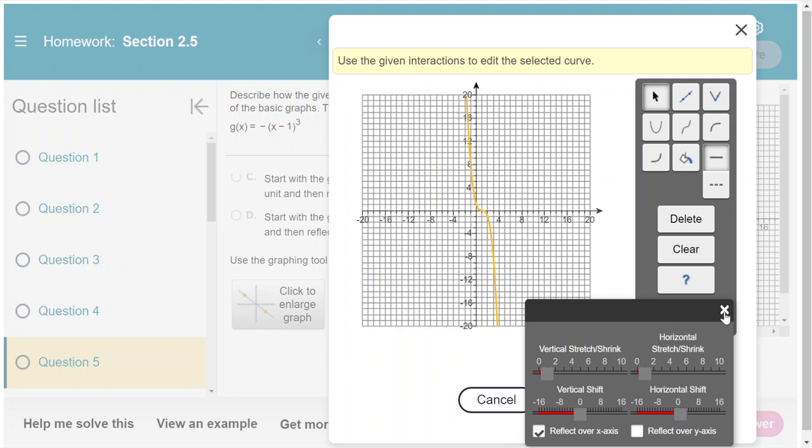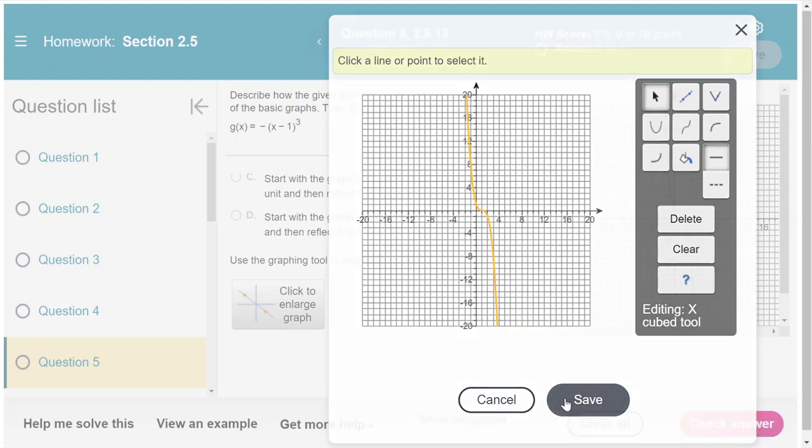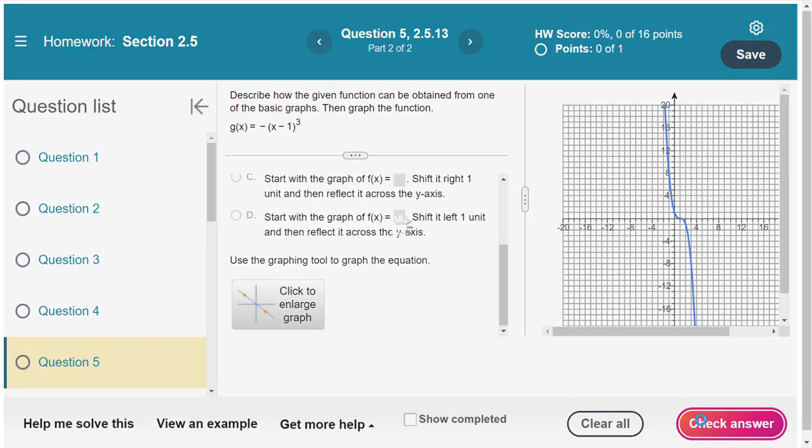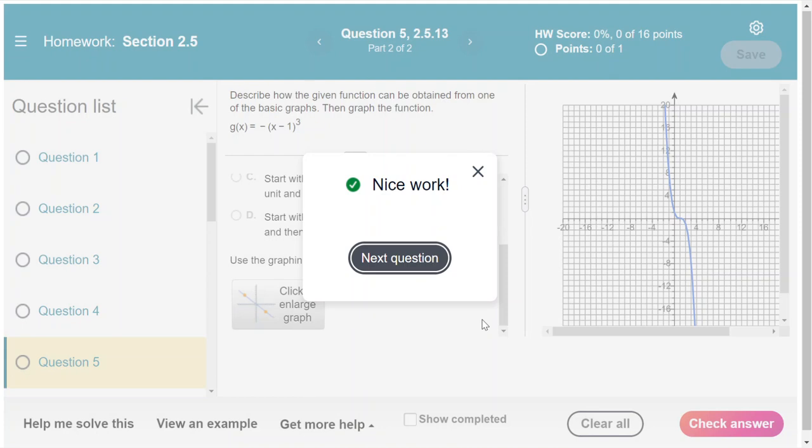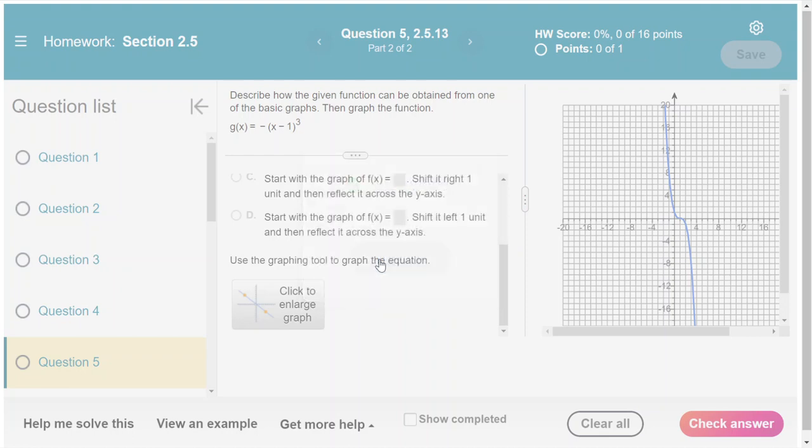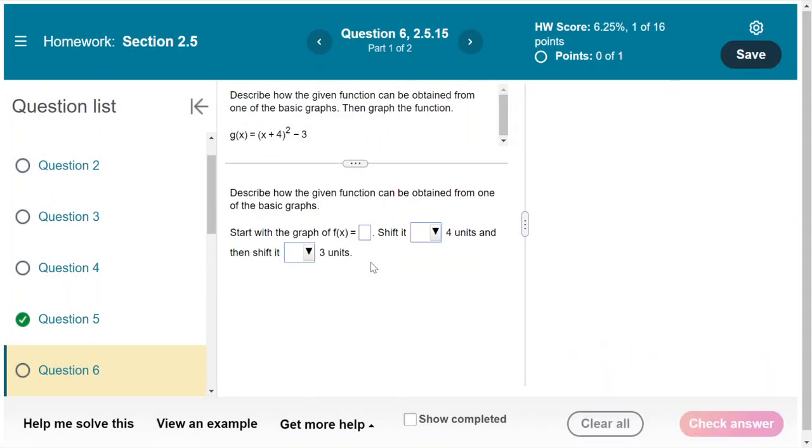And so we can click out of here and save and hit check answer. All right, so that's how that works. You might want to try one now and see if you've got it. And I think sometimes they do these a couple of ways, so if there's any others that are done differently and you're not able to figure it out, let me know.